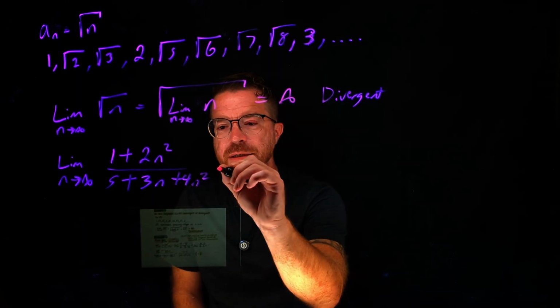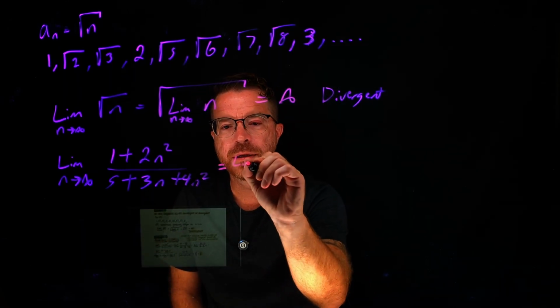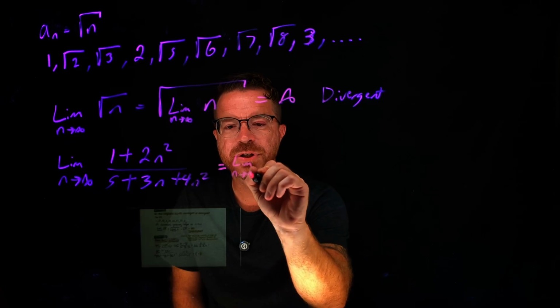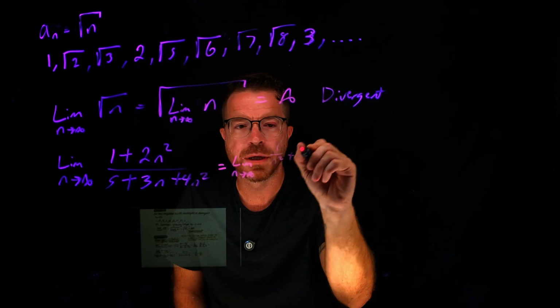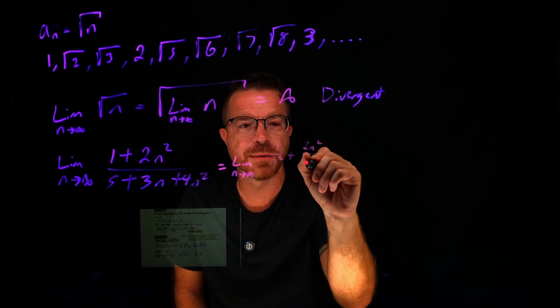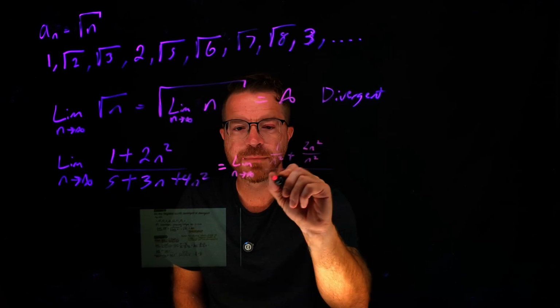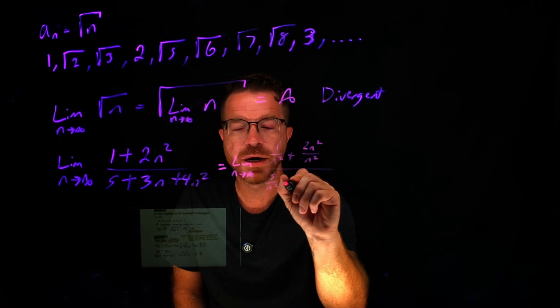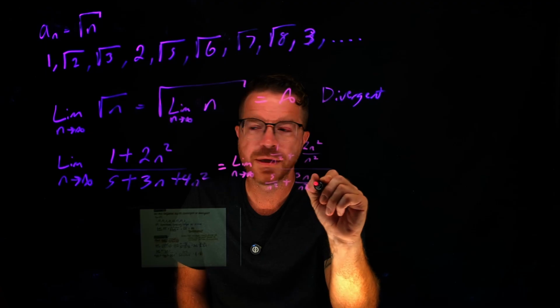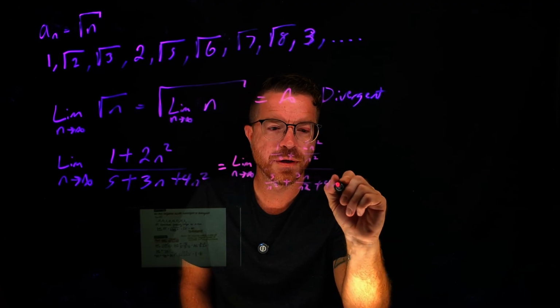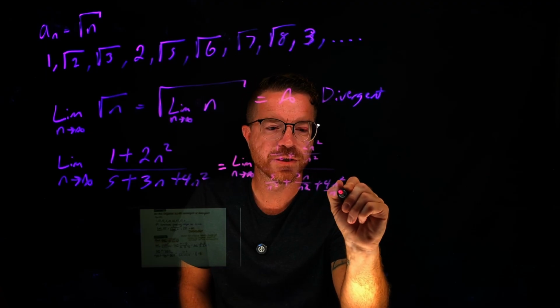So if we did this, this becomes the limit as n approaches infinity of (1 over n squared plus 2n squared divided by n squared) divided by (5 over n squared plus 3n over n squared plus 4n squared divided by n squared).